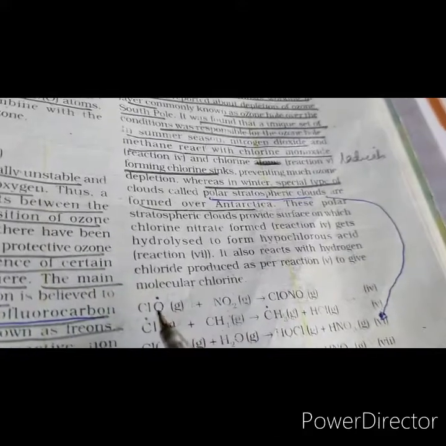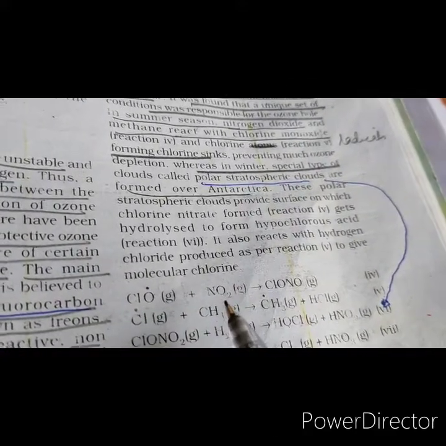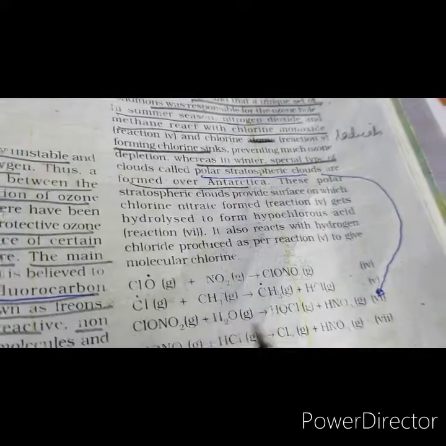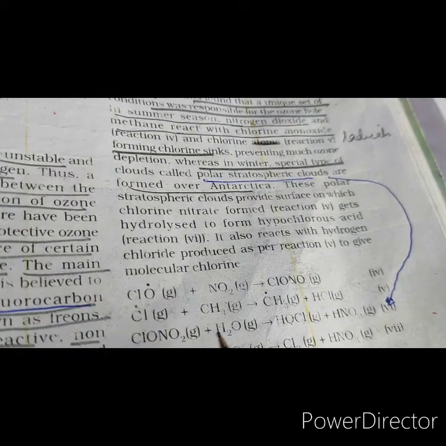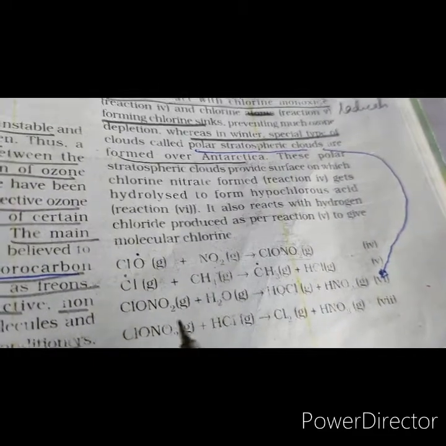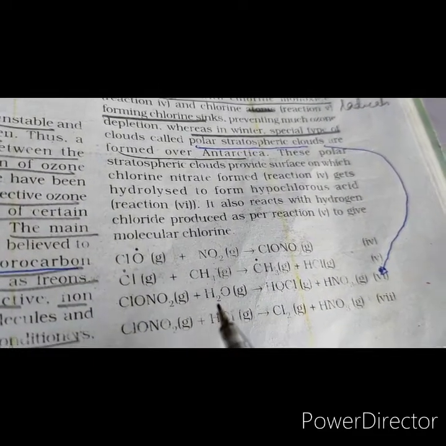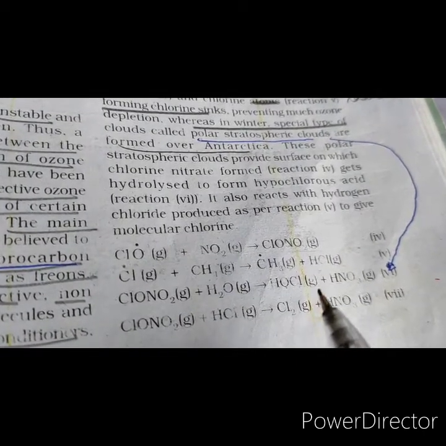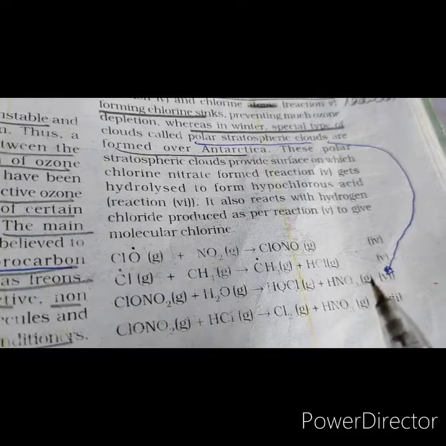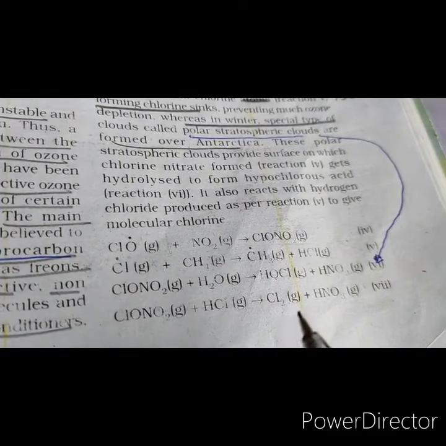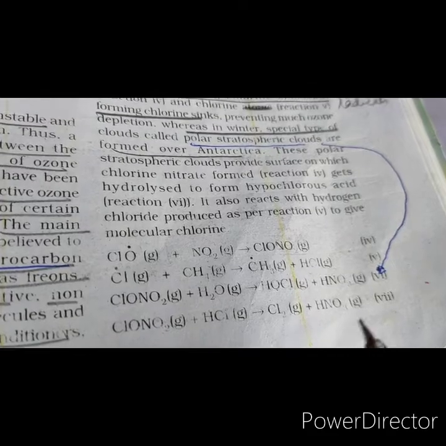Chlorine monoxide reacts with nitrogen dioxide, and as a result chlorine nitrate is formed. The chlorine radical reacts with methane and methyl radical is formed. Now this chlorine nitrate combines with water to form hypochlorous acid and nitric acid. And this chlorine nitrate also combines with HCl to form chlorine and nitric acid.